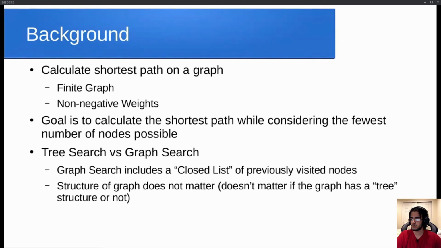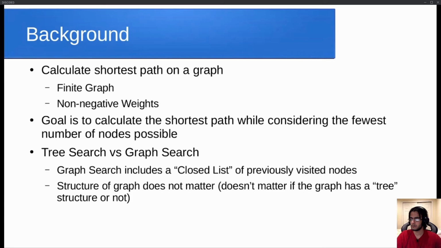There are also some different terms you see thrown around when you look into A-star. People talk about tree search versus graph search. I don't really want to get into this too much. We're just going to stick with graph search. There are some specific graphs, based on how they're structured, that are referred to as trees. That typically refers to the structure of the graph.